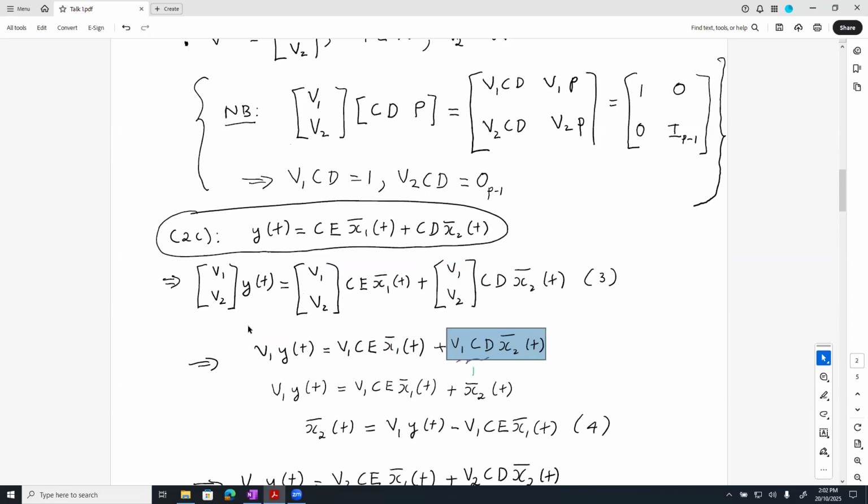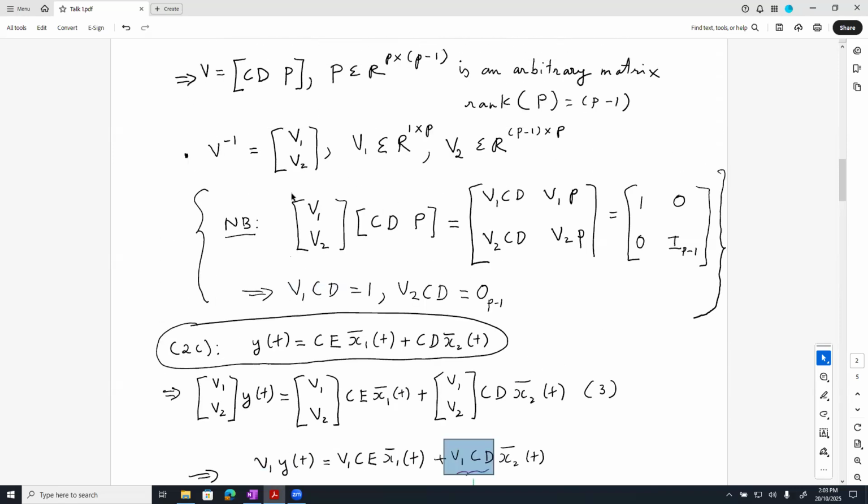Now, if we focus on this equation, and if we substitute the relationship we obtain from here back into that equation, we would have V1 CD, which is just equal to 1. Okay, so we can simplify it thanks to this identity expression here.